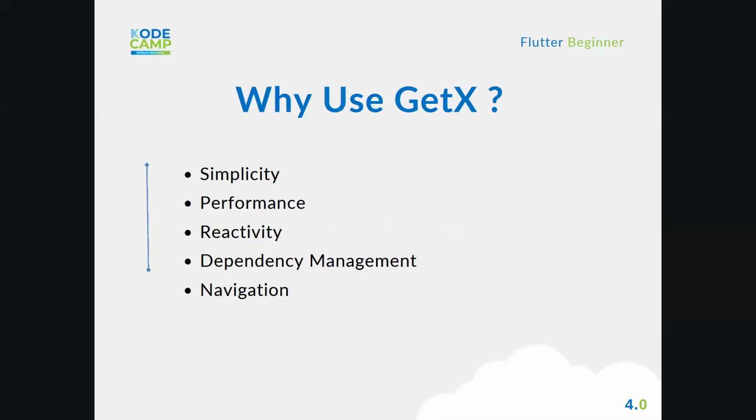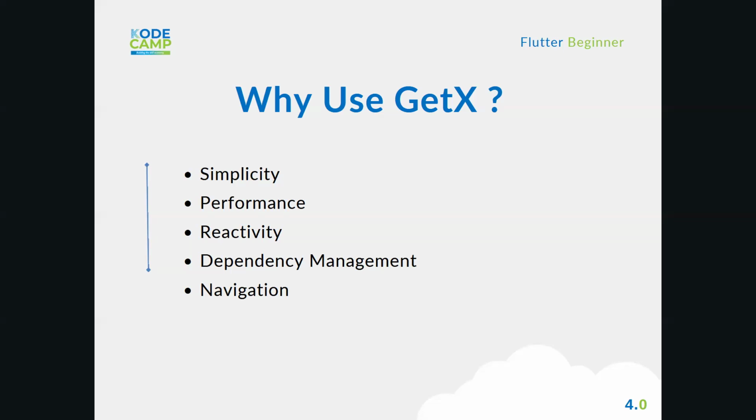Now, why are we going to be working with GetX? GetX offers simplicity. It reduces what we call boilerplate code and makes state management straightforward. You don't have to do a lot of setup, or have a lot of default classes and code setup, to get to use GetX.